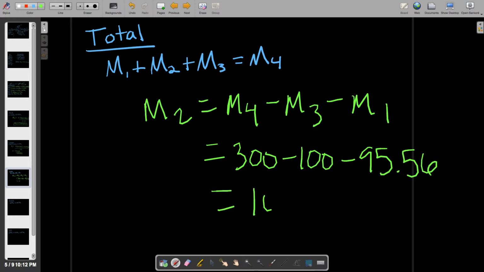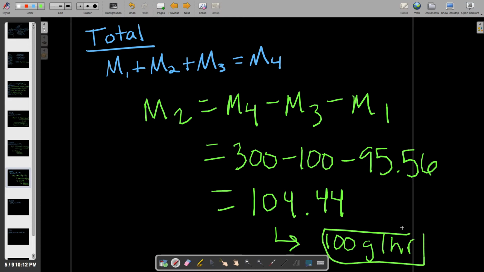And that'll give us 104.44. And again, sig figs will be 100 grams per hour. And so now Brittany is going to go ahead and show us how to do mass fractions.